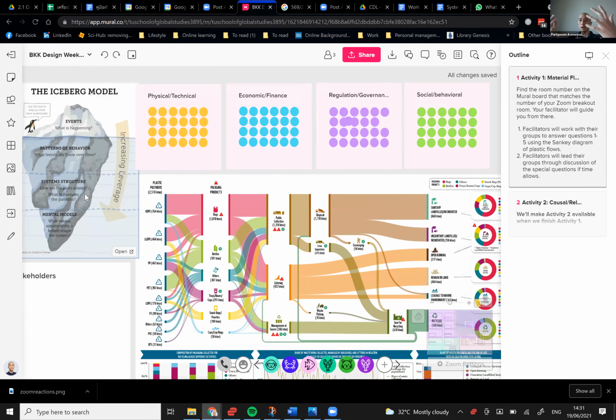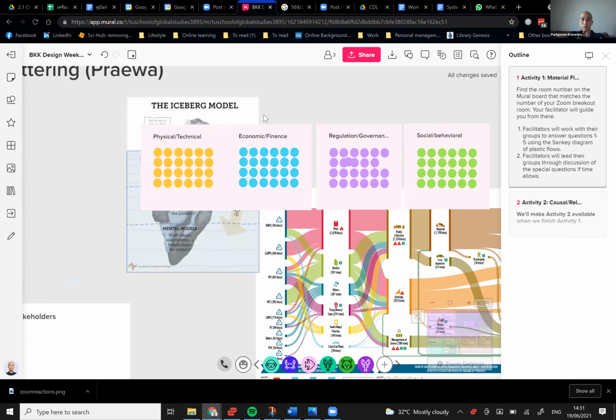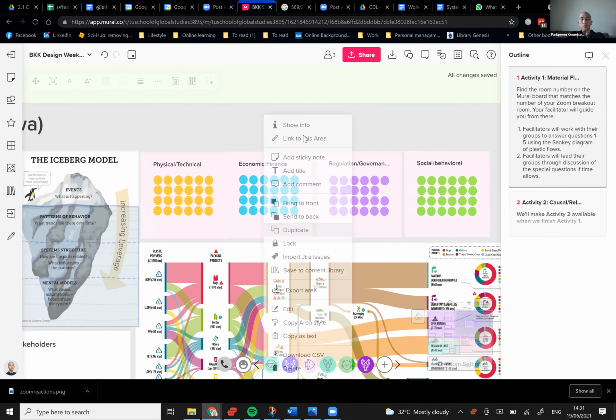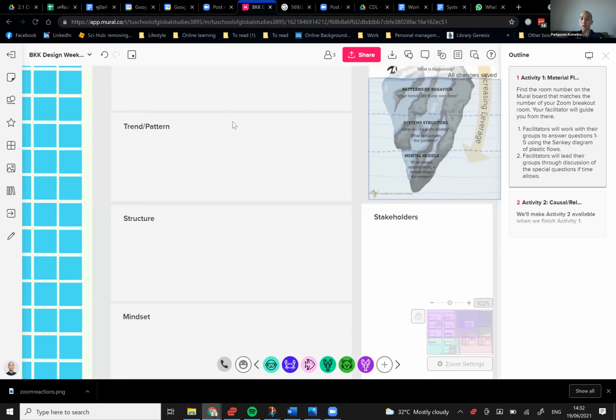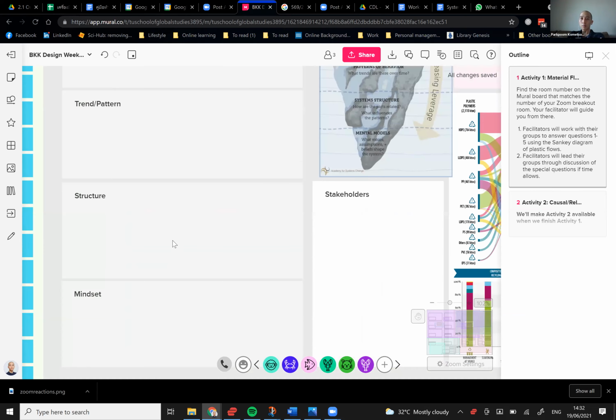But before we get into that, let's just work on activity 2. After we do the iceberg models, I don't think this one is locked. Should have locked it. Yeah. So in activity 2, you just try to list out the key drivers of patterns to figure out what to put in the iceberg models. Our facilitator is also familiar with the concept already, so if you have questions, feel free to ask them as well.